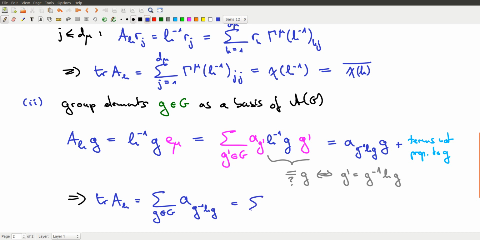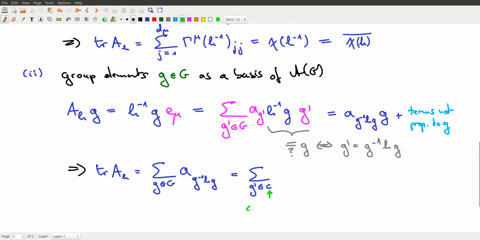So we get, say, a sum over G prime, and the C here is the conjugacy class of H, and then it's just A sub G prime.